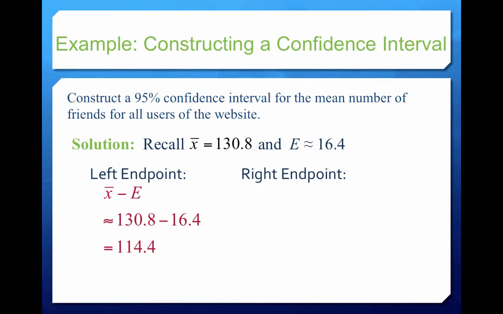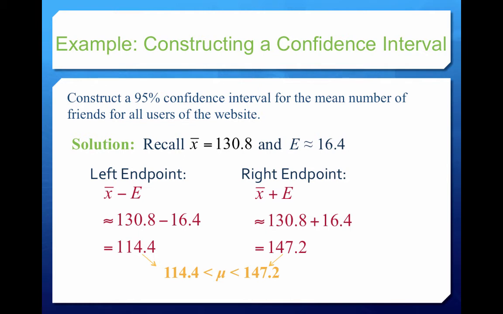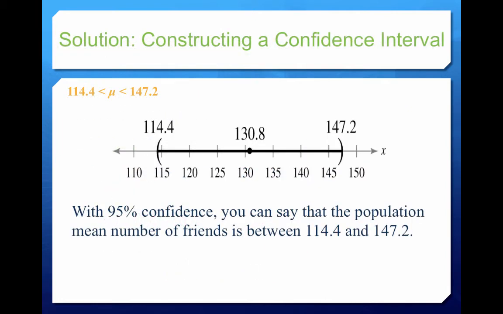So I'm going to subtract 16.4 from 130.8, and I get 114.4. And I'm also going to add it to the sample average to get 147.2. And so I get this confidence interval, or this fence around where I think the population mean is going to be. So I have 114.4 to 147.2 friends.